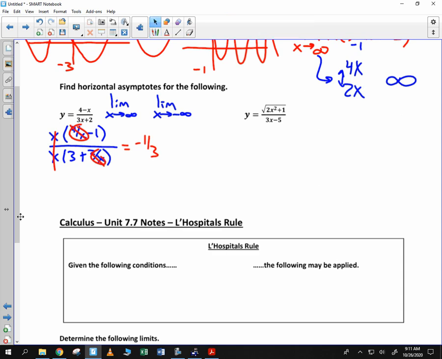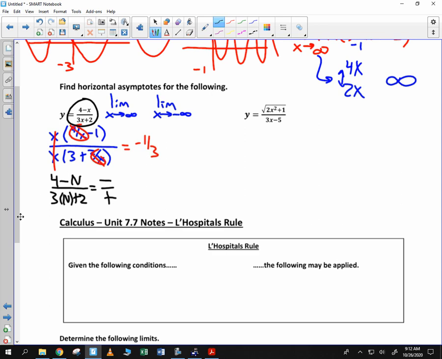But I just want you to think about this for a second here, okay? Think about plugging in a very large positive value here. 4 minus a very large positive value over 3 times a very large positive value plus 2. Hopefully everybody can see that you're going to get a negative on top and a positive on bottom. And a negative divided by a positive is going to be a negative.